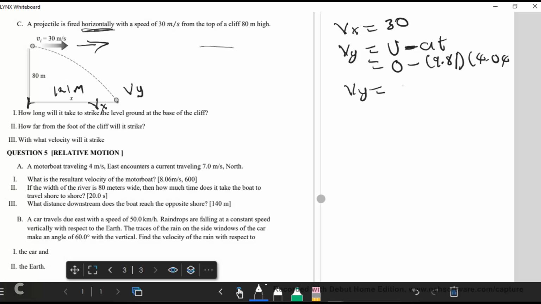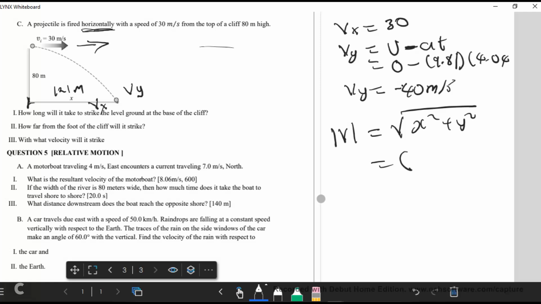It will give me, in short, 40 here, that's negative 40. Then now we find your magnitude, the x-axis plus the y-axis. Then it will be 30 squared plus negative 40 squared.